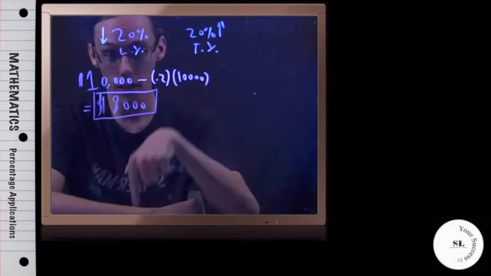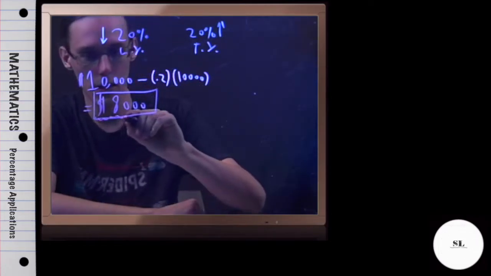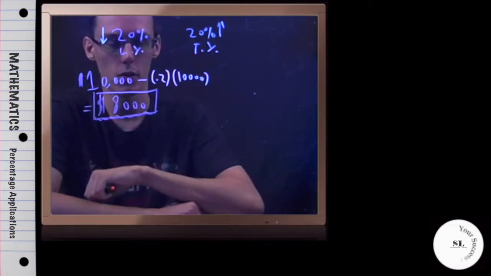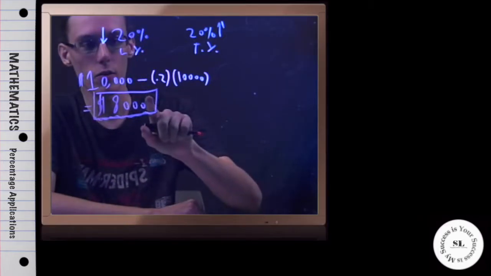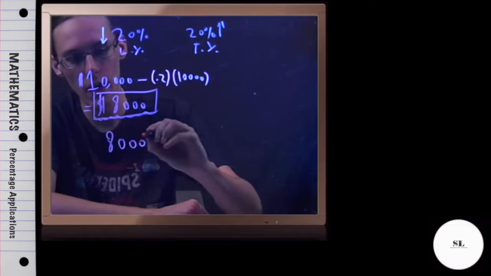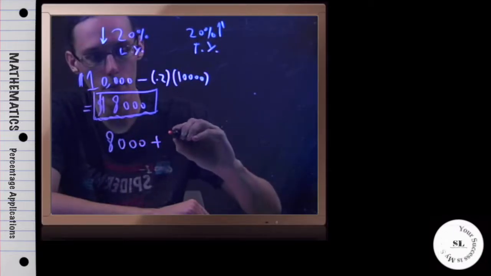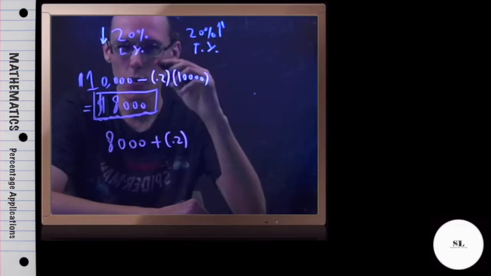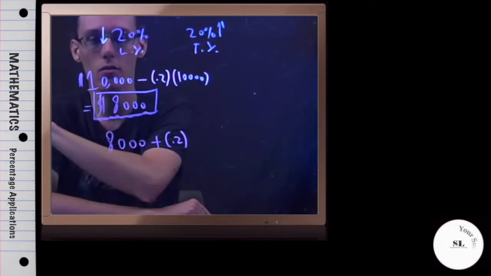So now this year, we start with this amount at the beginning of this year, because this is what we had at the end of last year, and our amount rises by 20%. On the previous one, I subtracted away 20%. But now I'm going to take what I have now and add 20%, not subtract, because we're gaining, it's going up. But it's not 20% of what I had at some mystical time in the past.